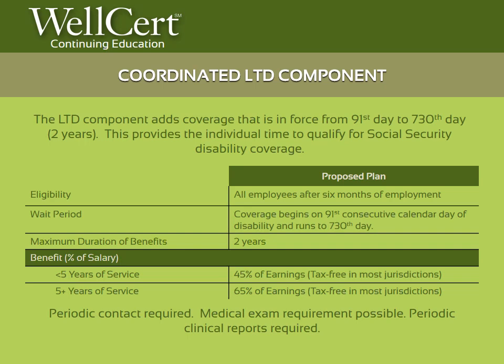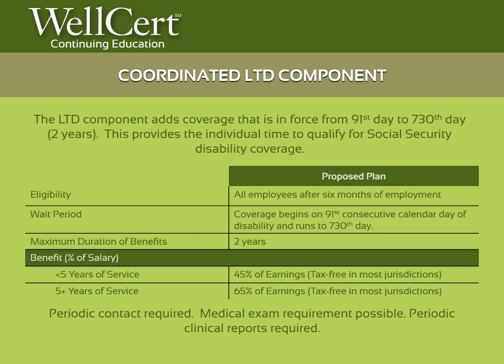So the eligibility, again, would come into play after a certain number of months of employment. The wait period would go from the 91st day, which is at the end of that 90 days of short-term disability. It would go from that day to the 730th or 2-year period. Maximum duration of benefits, 2 years.